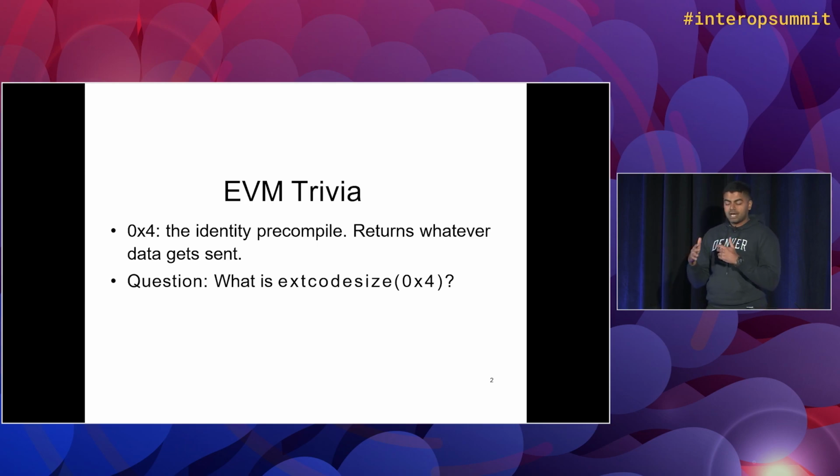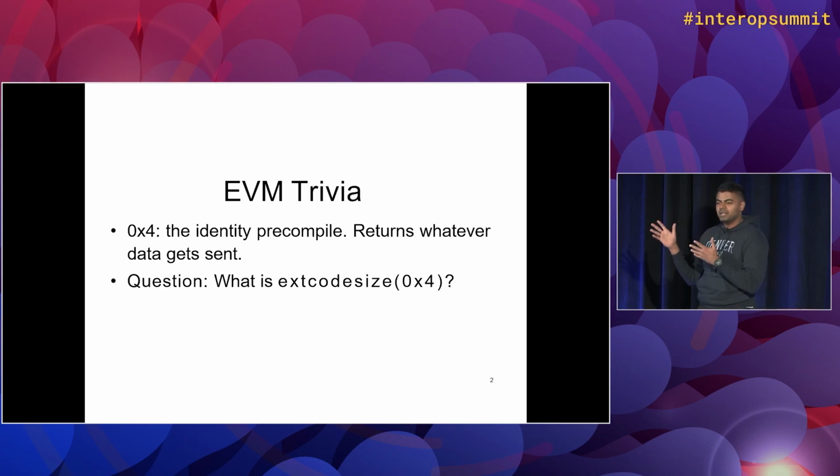Another example is the identity precompile. It's deployed at address 4. It returns whatever data is sent in the call data. So my question is, what is the extcodesize of the identity precompile? If you don't know what extcodesize is, it simply returns the amount of code in bytes at the address.